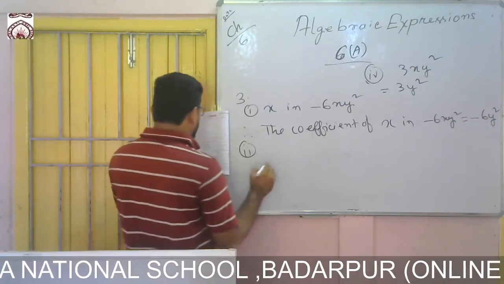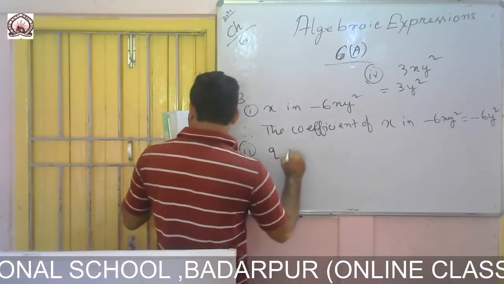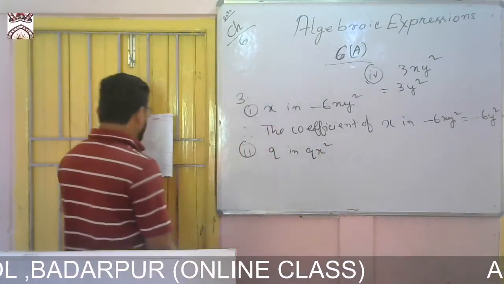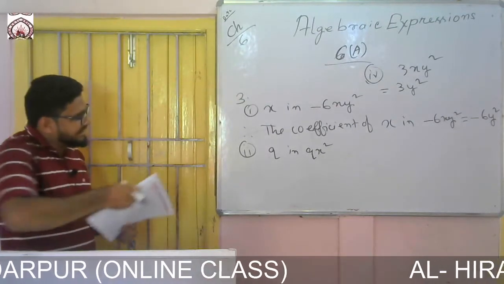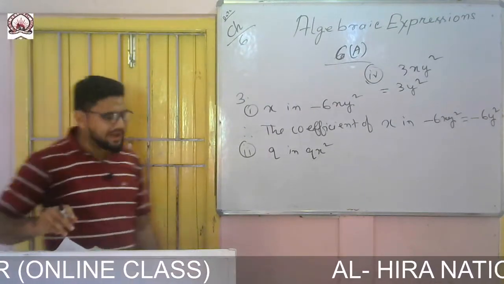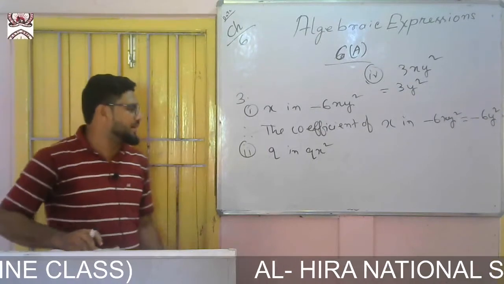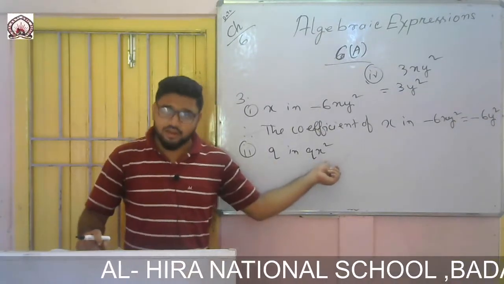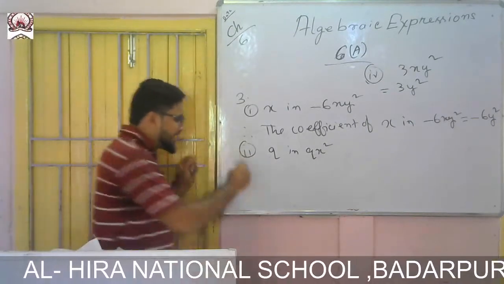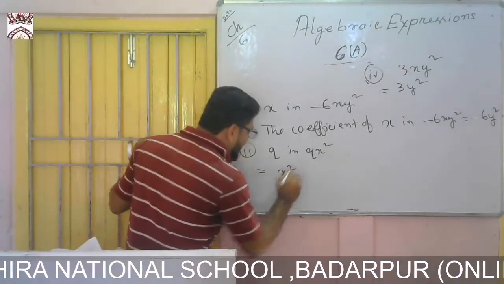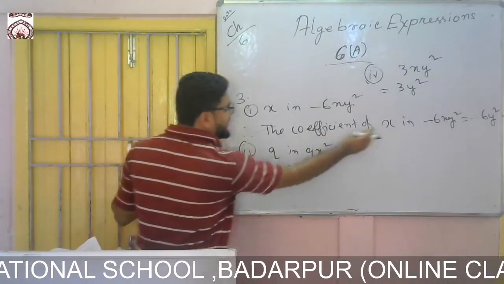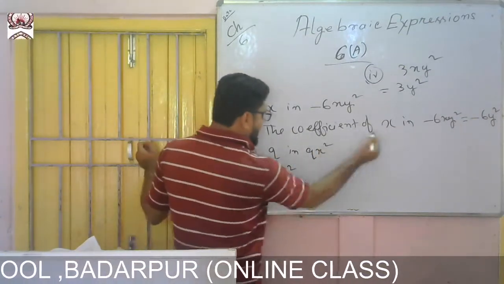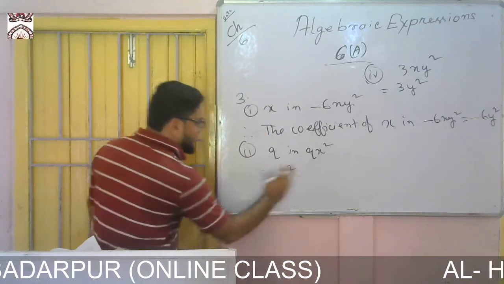Like this, come to question number 2. So in question number 2, q in qx square. That means you have to find the coefficient of q. So leaving q, what is there? x square. So it will be the answer. I am just writing the answer like this, x square. But you write like this: the coefficient of q in qx square equals to what? Okay, let me write one.